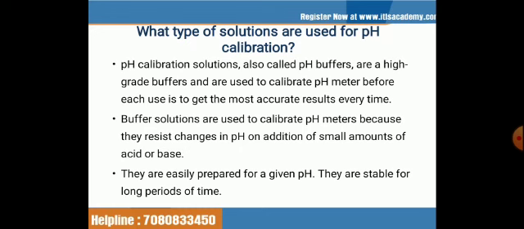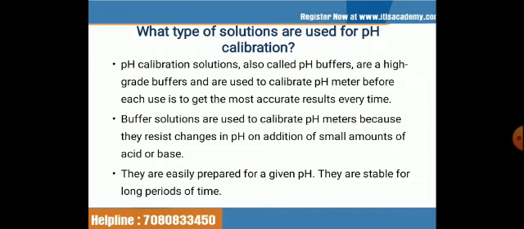These buffer solutions are used to calibrate the pH meter because they resist changes in pH on addition of small amounts of acid or base. Suppose you want to maintain the pH of an unknown solution: you make a solution of pH 5, some acidic pH.